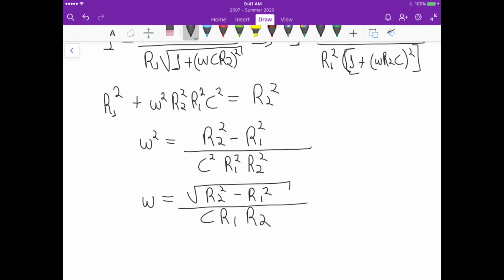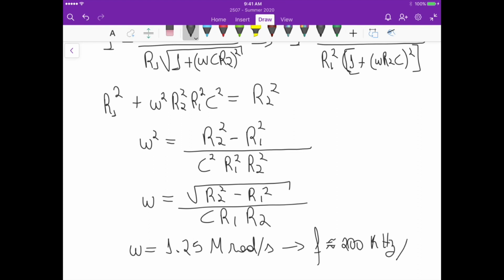If we substitute the values that we have for R2, that is 1.58 megaohm, R1 equals 5 kilohm, and capacitance 0.159 nanofarad, we get a frequency omega equal to 1.25 megaradians per second, right? Or a frequency of approximately 200 kilohertz. Okay, so we are done with the unity gain.